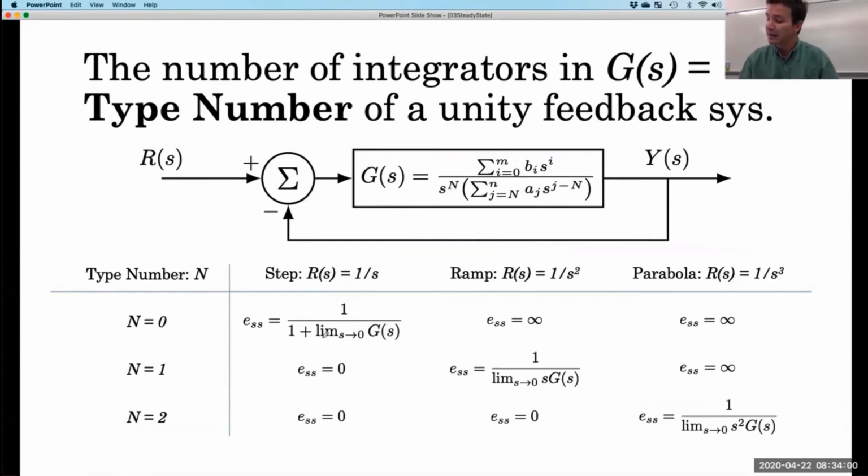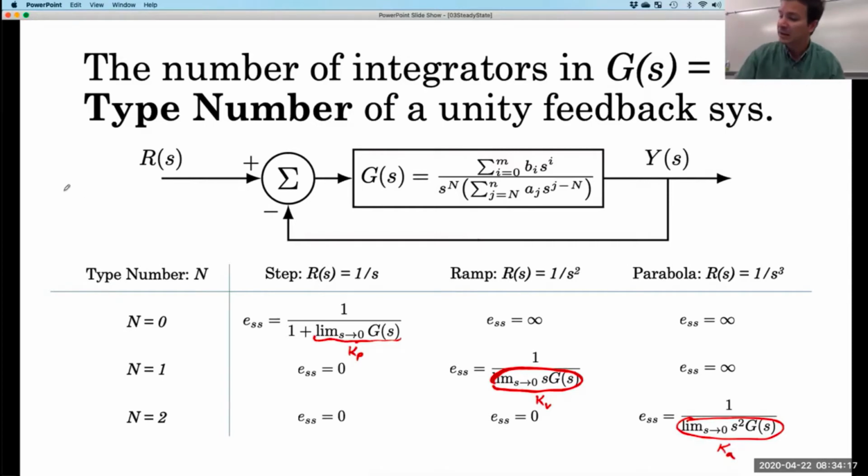Well, let me amend that. Your textbook replaces this with the variable k sub p, and it replaces this with the variable k sub v, and this with the variable k sub a.